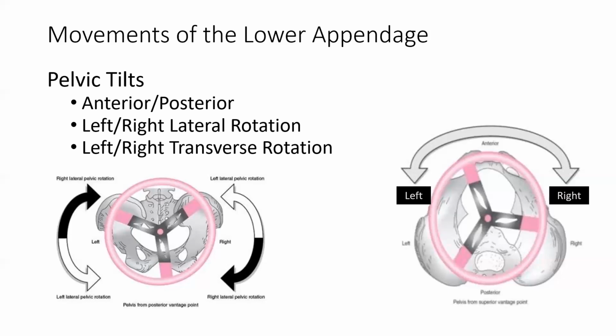So anterior and posterior pelvic tilt, right and left lateral pelvic tilt, and then left and right transverse plane rotations of the pelvis. These are all pelvic positions, which will influence iliofemoral positions as well as lumbar positions. But we'll get more into that when we can get some physicality when we're talking in class.